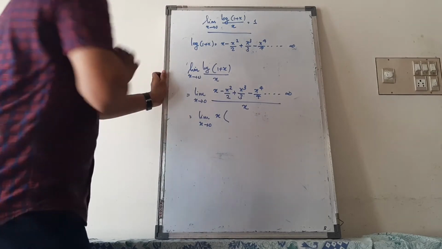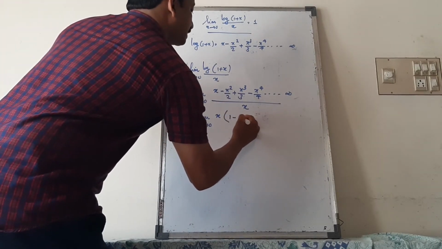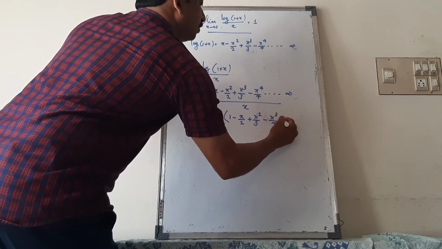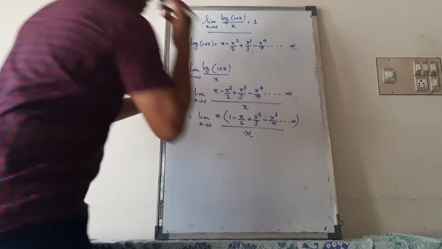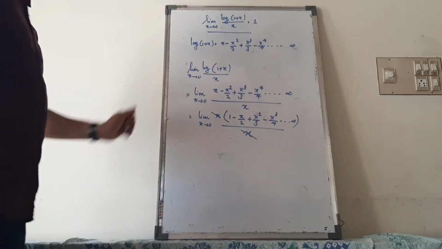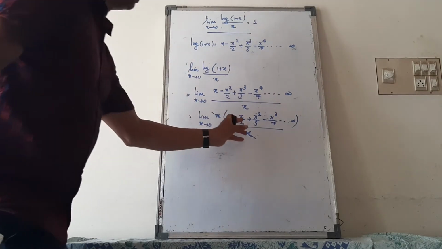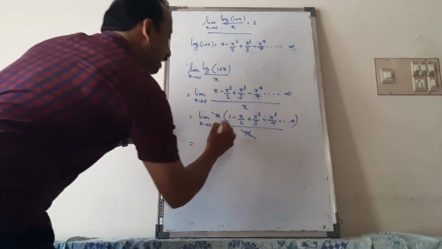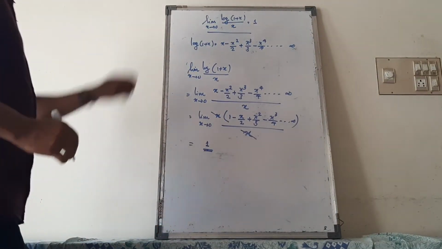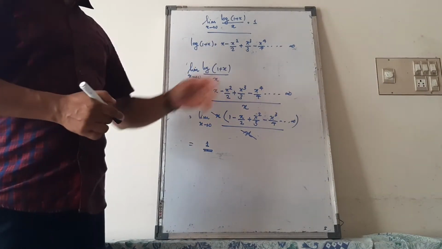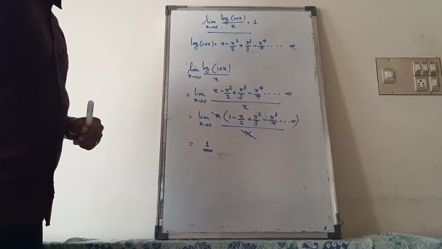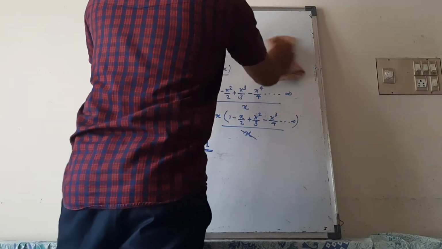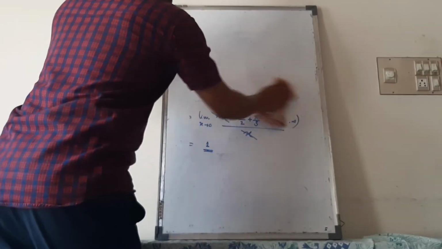Therefore, x into 1 minus x by 2 plus x square by 3 minus x cube by 4 to infinity, the whole divided by x. Here x cancels. Now apply the limit. As x tends to 0, all these terms tend to 0 and the remaining answer is 1. That means limit x tends to 0 of log of 1 plus x divided by x is equal to 1. Using these two limits, we find the derivative of exponential and logarithmic functions.